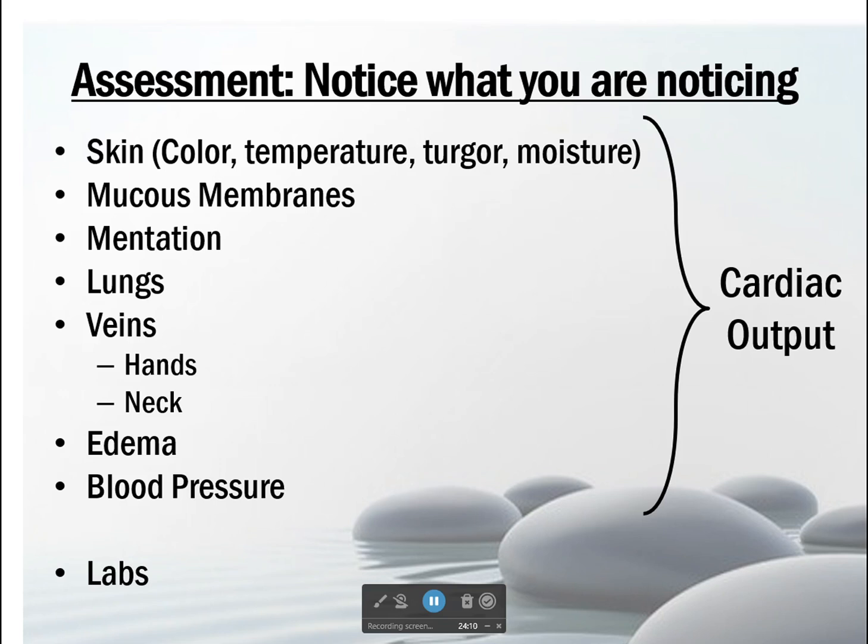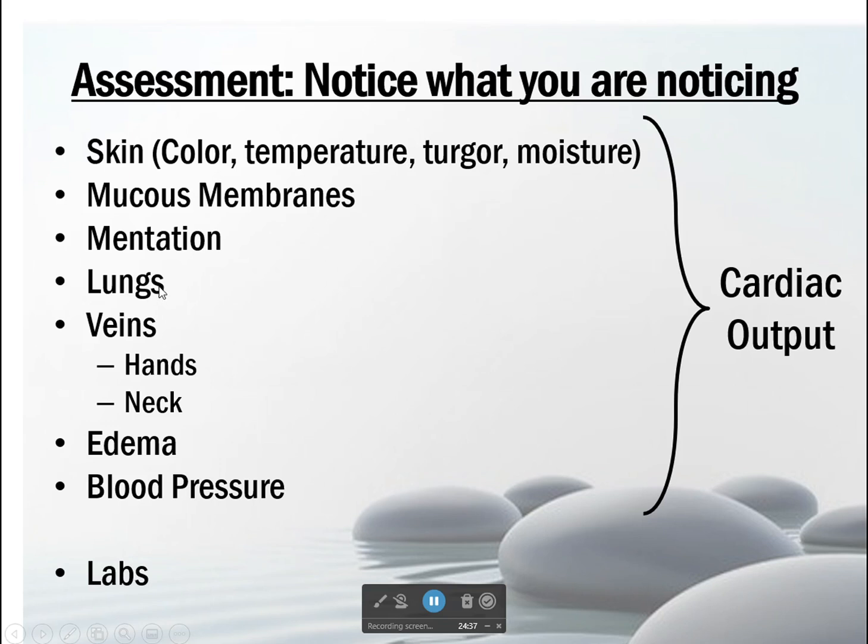Are they diaphoretic? Are they clammy feeling? Is the skin cold? Is the skin warm? Are they flush? Are they pale? What do the mucous membranes look like? Are they nice and pink, or do they look pale? Are they purplish? Mentation, do they seem clear? Do they seem mostly clear, but then they're kind of hedging their answers on some questions? Those are great things to tune in on.